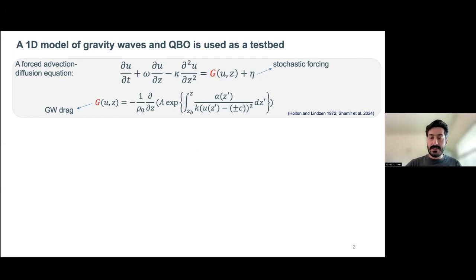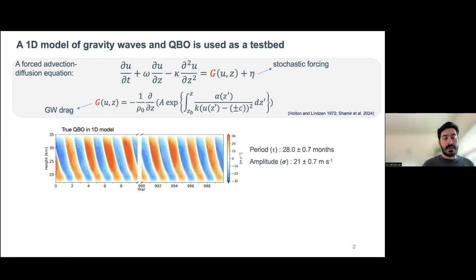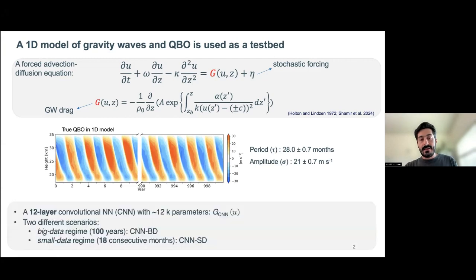We run this model and we get an oscillation which we call the true QBO, and it has a period and amplitude close to the observed QBO. Then we use a 12-layer convolutional neural network, which has around 12,000 parameters, to learn the forcing term G. So the CNN gets profiles of U and gives profiles of forcing G. We also use two different data regimes.